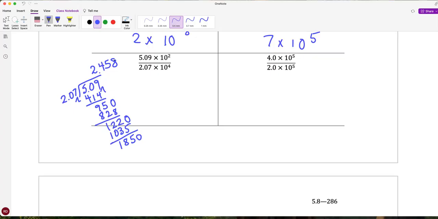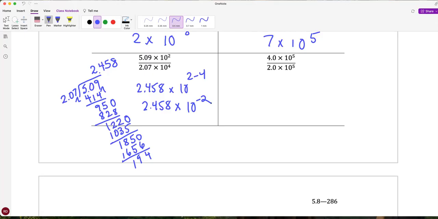So that's going to be 1656. 10 minus 6 is 4. And 14 is 9. 194. So 2.458, and I can just stop there. Times 10 to the 2 minus 4 power. So 2.458 times 10 to the negative 2.